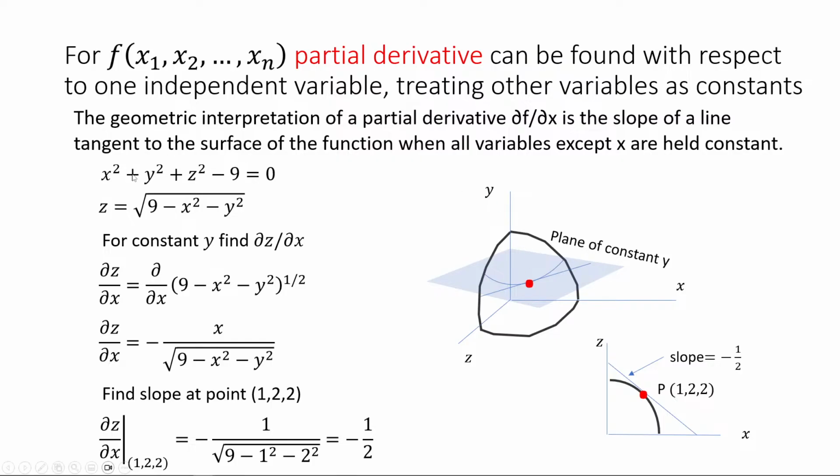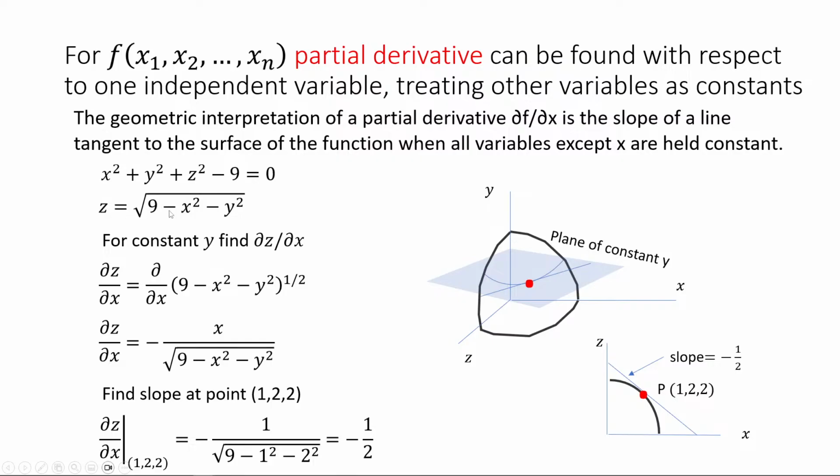So here, my equation is the equation of the sphere: x squared plus y squared plus z squared equals 9. That would be the diameter of the sphere, or the radius, I mean this is the diameter.